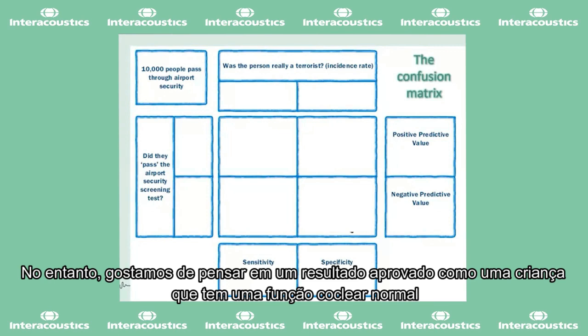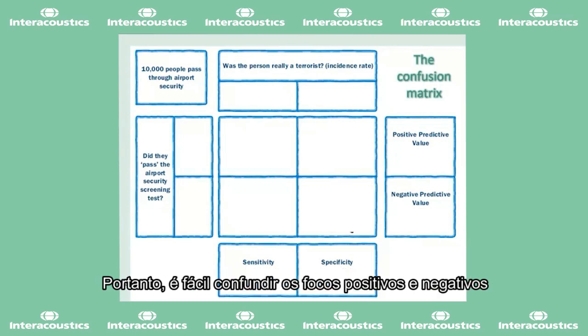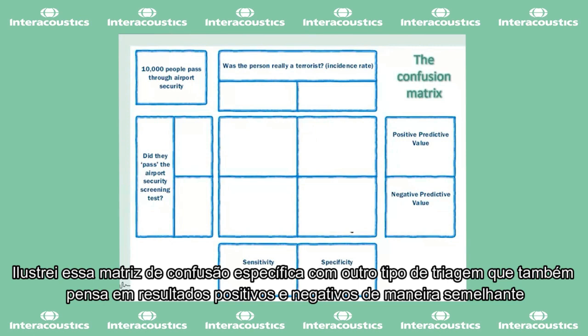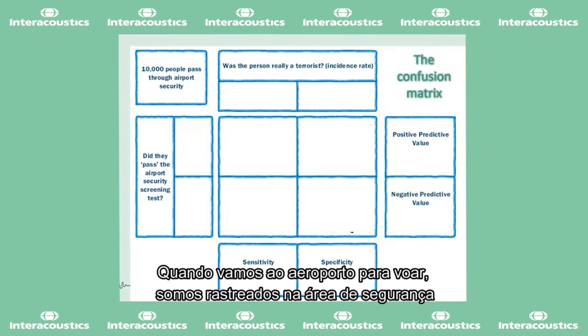However, we like to think of a pass result as an infant that has a normal cochlear function. So it's easy to confuse the positives and the negatives, actually. Now, I've illustrated this particular confusion matrix with another type of screening, which also thinks of positive and negative outcomes in a similar way. So when we go to the airport to fly, we are screened in the security area.